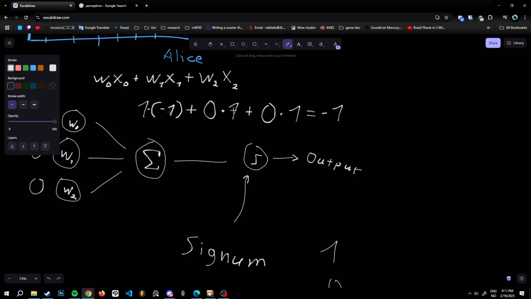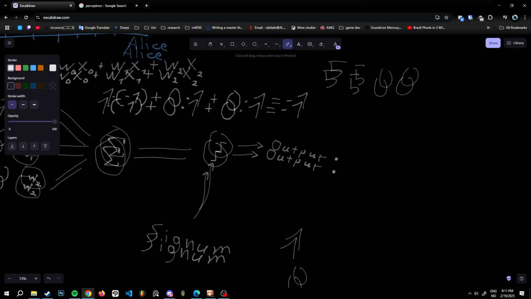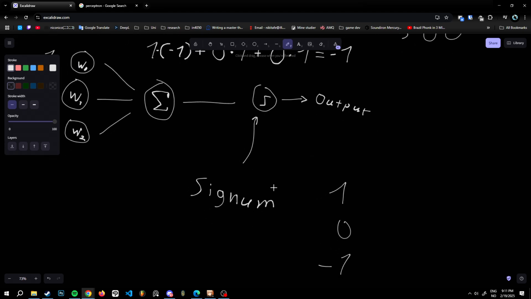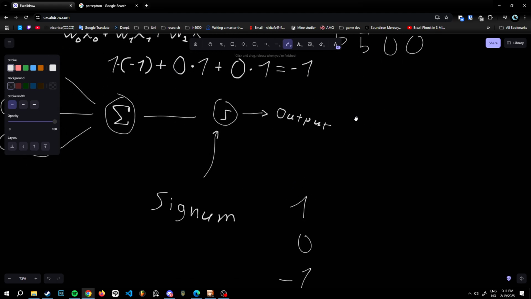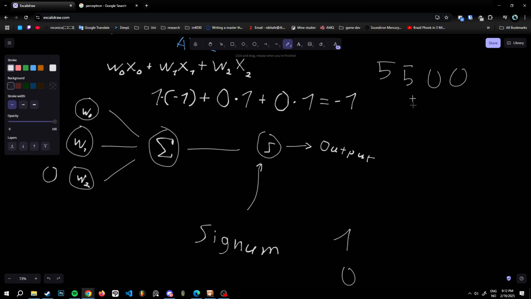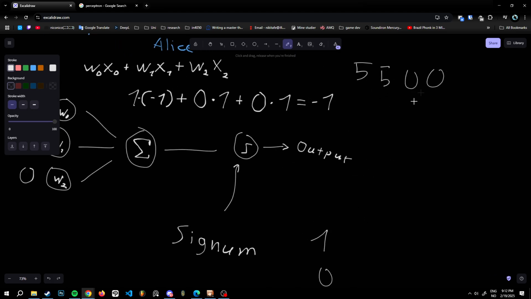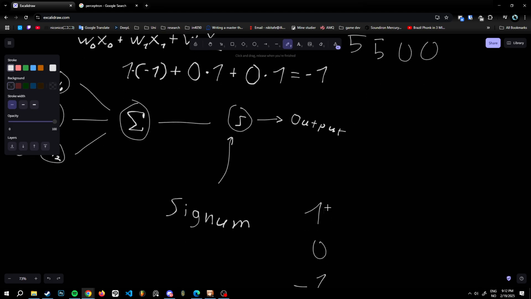But if we had, for some reason, a very huge number, like 5,500 or something, the signum function would return the closest number to the input. So we input 5,555, it's going to return 1, because it's a positive number. That means it will return 1.